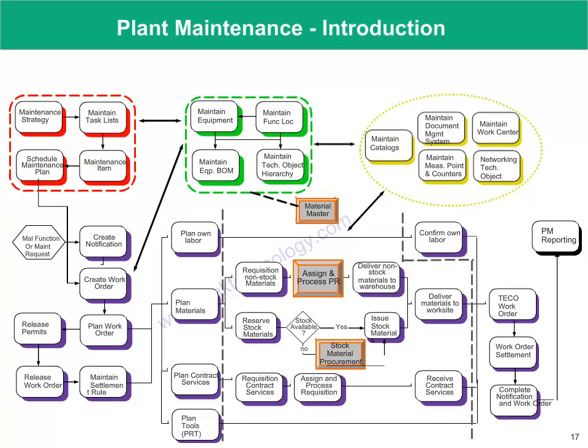SAP PM is closely integrated with other modules, for example, materials management, production, sales and distribution, personnel management, and controlling. The data is always kept current, and processes that are necessary for plant maintenance and customer service are automatically triggered in other areas, for example, a purchase requisition for non-stock material in materials management.